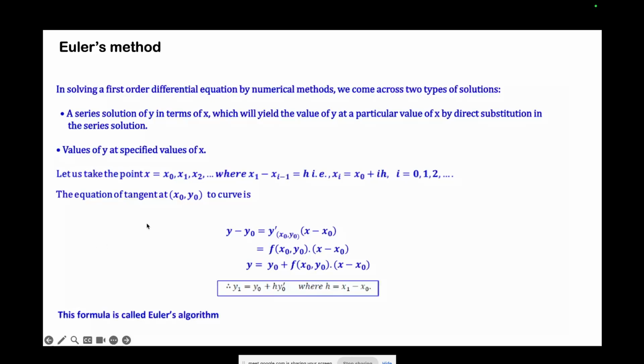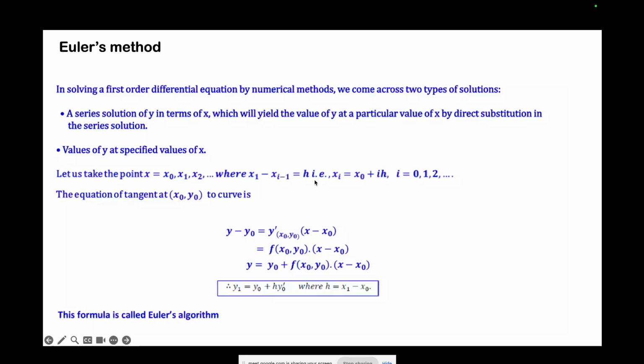So this is a set of points that you are assuming, and x is your independent variable. So the points are x naught, x1, x2, etc. And you're assuming that the difference x_i minus x_(i-1) is h. This is a slight misprint on the slide, it should be i. So x_i minus x_(i-1) is h, and that is constant.